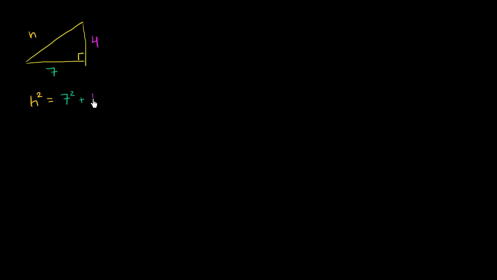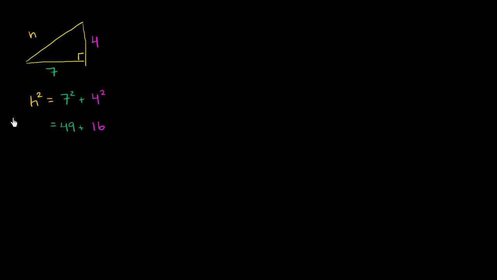We know that from the Pythagorean theorem, that the hypotenuse squared is equal to the sum of the squares of the other two sides. So this is equal to 49 plus 16. See, 49 plus 10 is 59, plus 6 is 65.